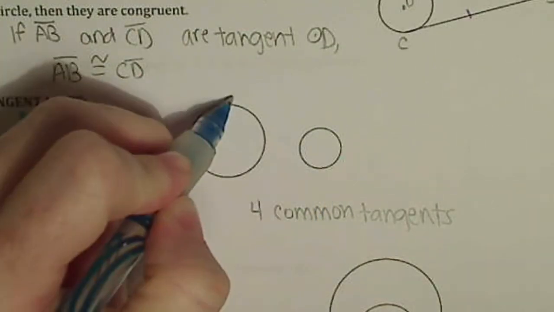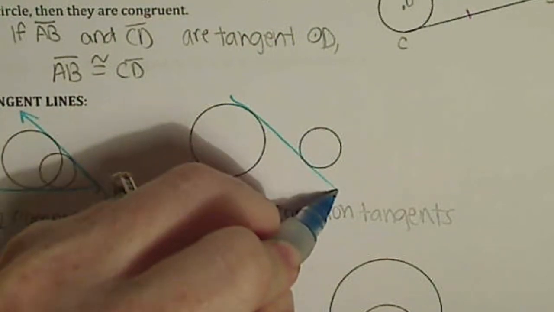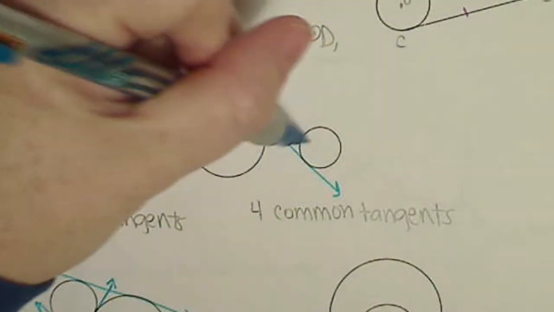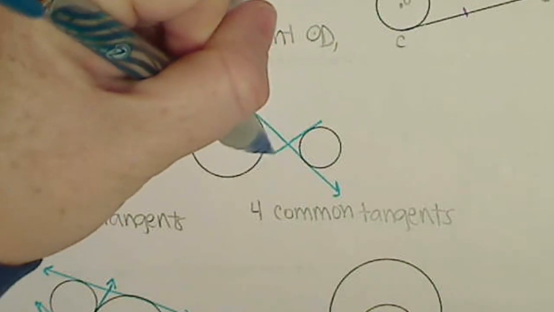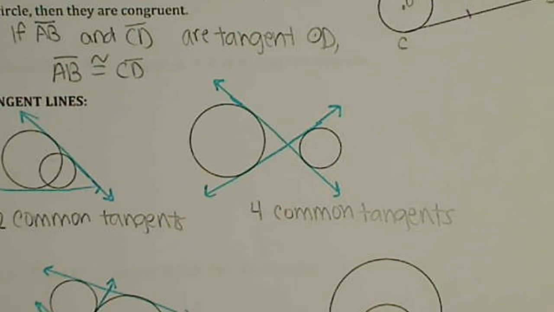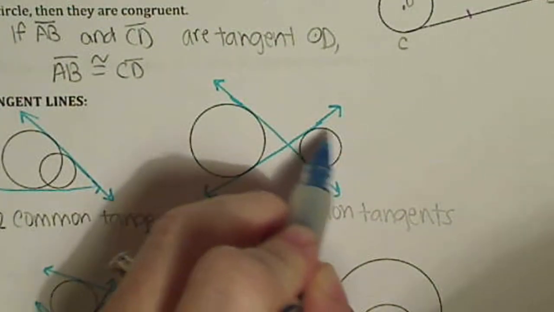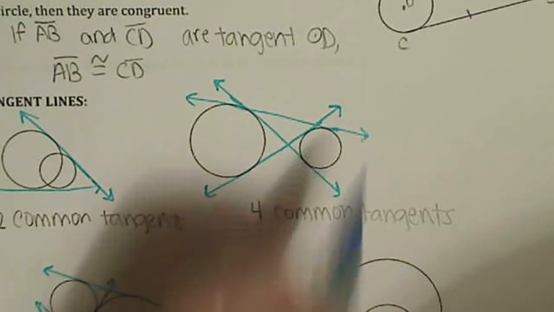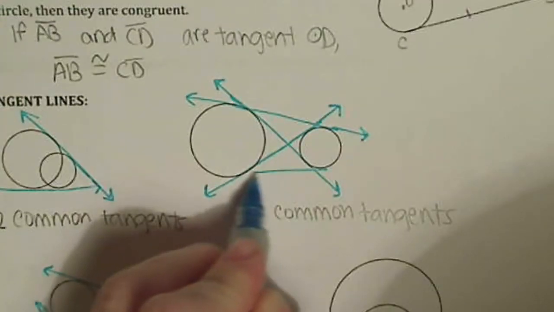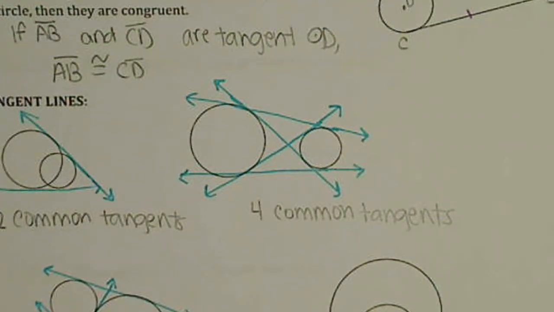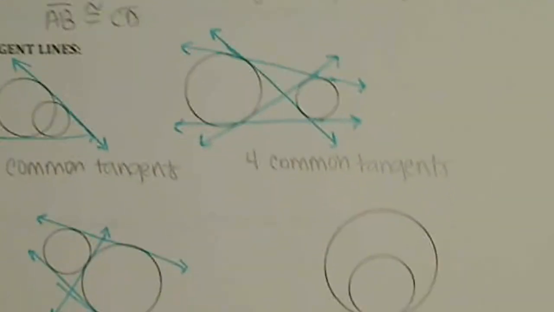One of them kind of goes in between like this, kind of diagonal, and then there's one that goes between going the other way, so it makes almost like an X. There's two of our tangent lines, and then the other two lines are just like before, one up top and one at the bottom. There's our four lines right there. And try to get it so that it touches just once.